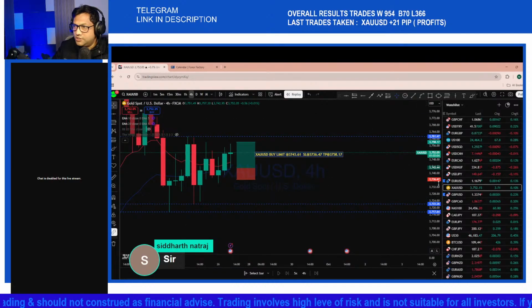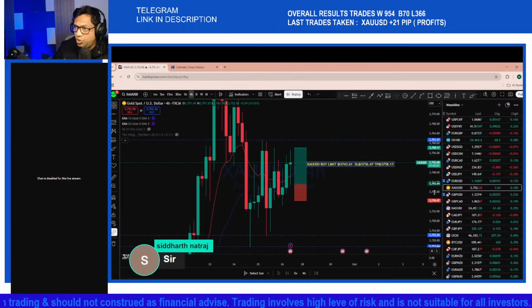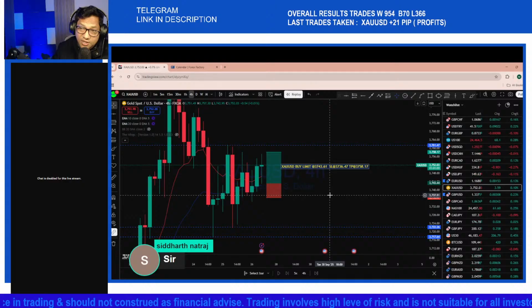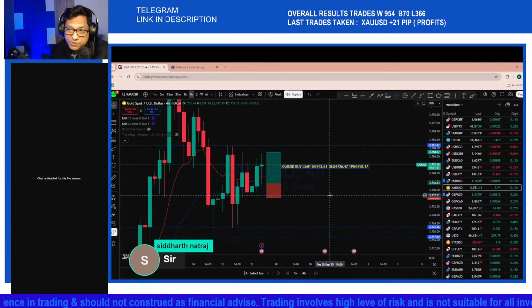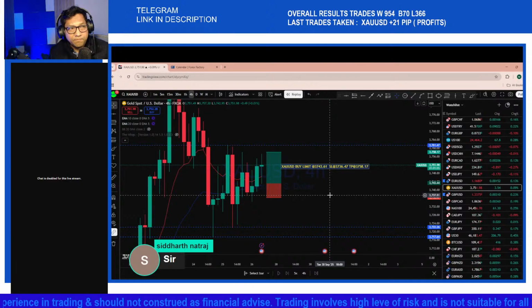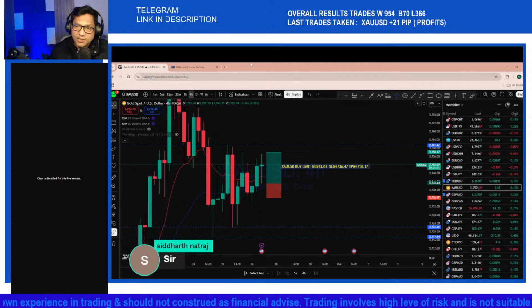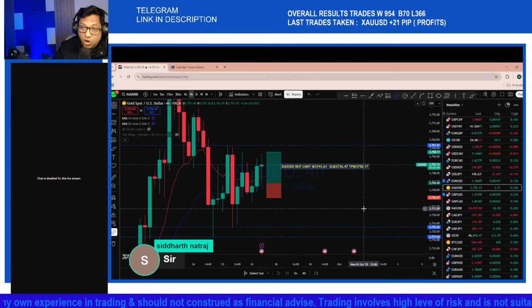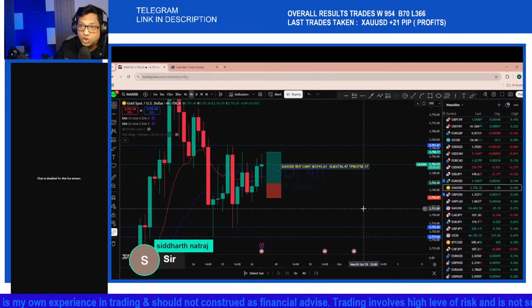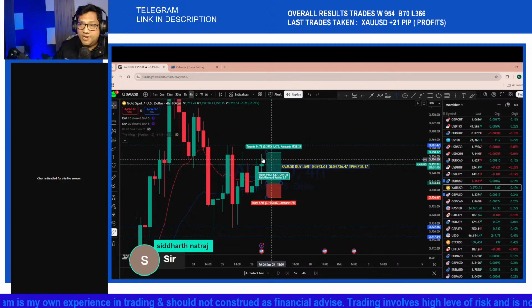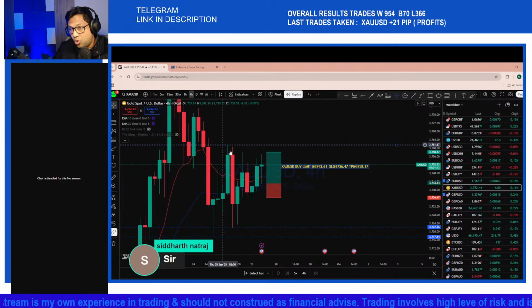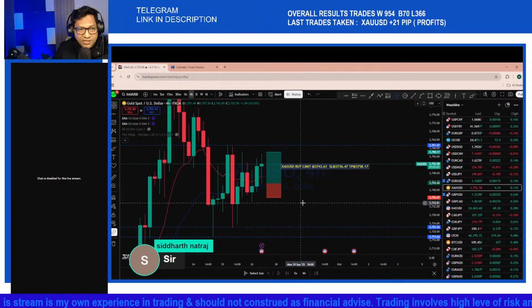All right, so it's closing. We still see this 4-hour candle trying to push back to the upside, and I think from experience and from analysis that this 4-hour candle may not be able to go as a stronger bull candle, as there are quite a few rejections in that area here.